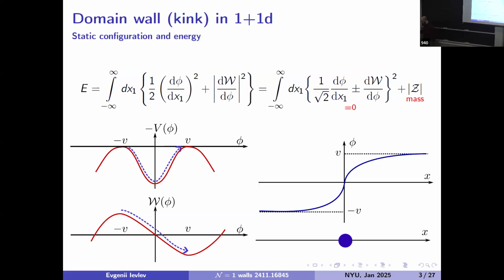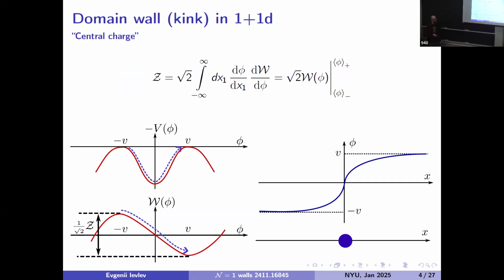What that tells you is that you don't even need to know the trajectory for your kink to know its energy. You just need to know that this trajectory exists, and then its energy is explicitly given by the difference of the superpotential in the two vacua.